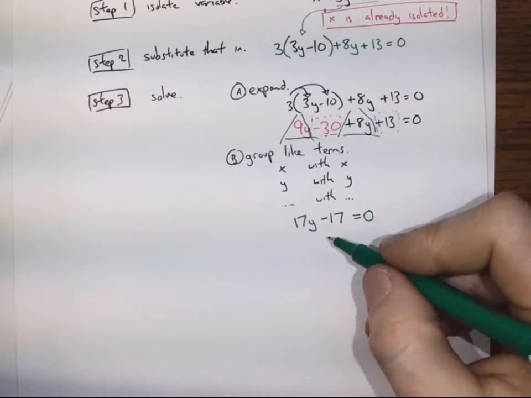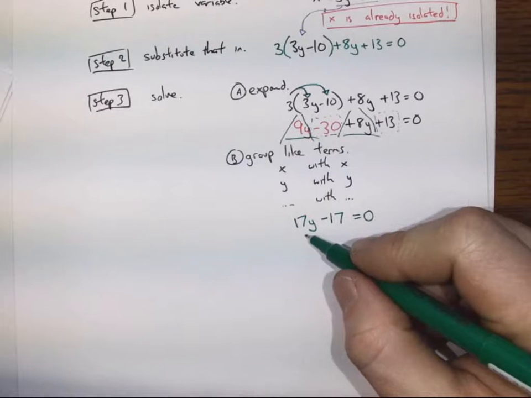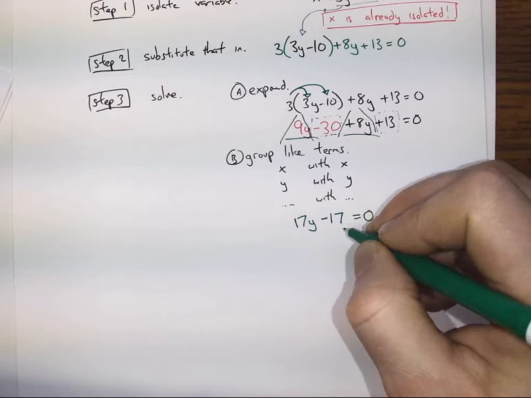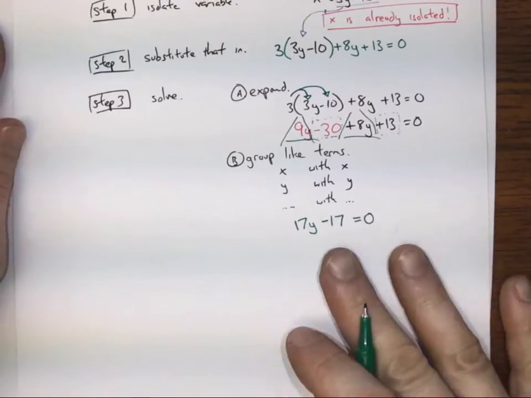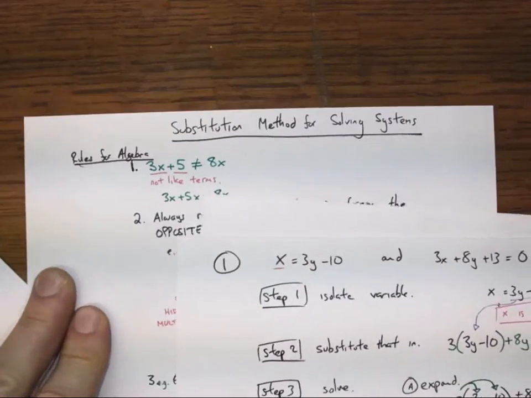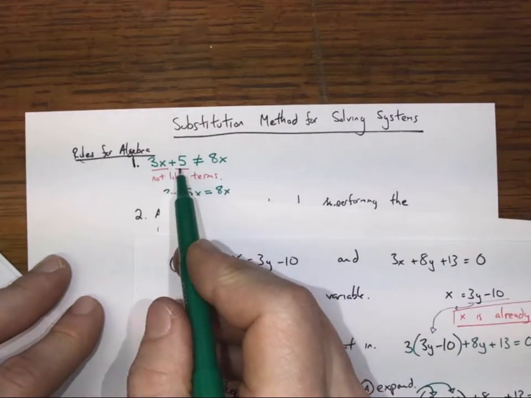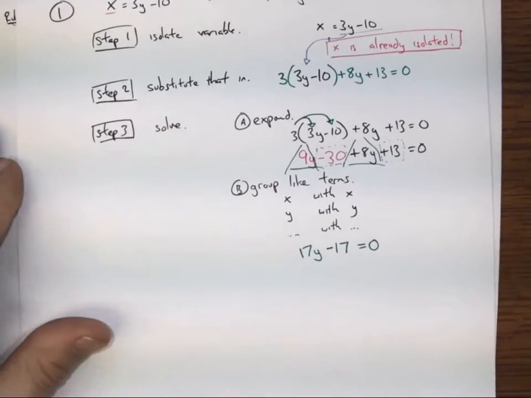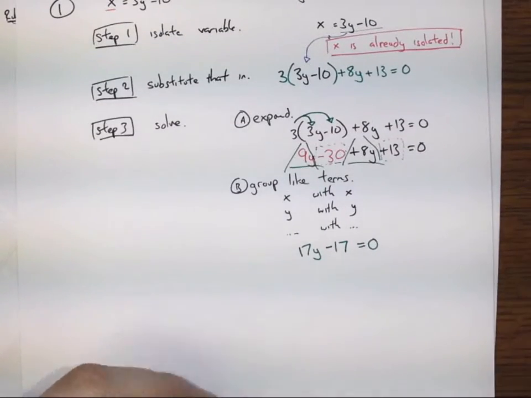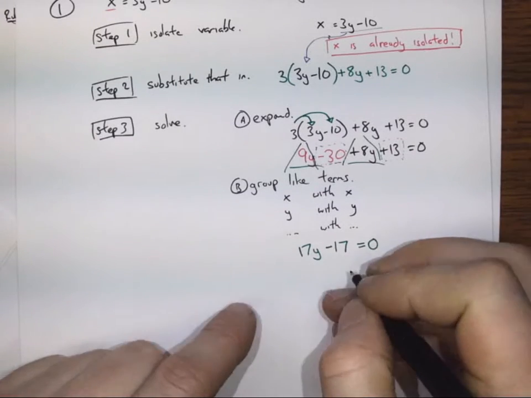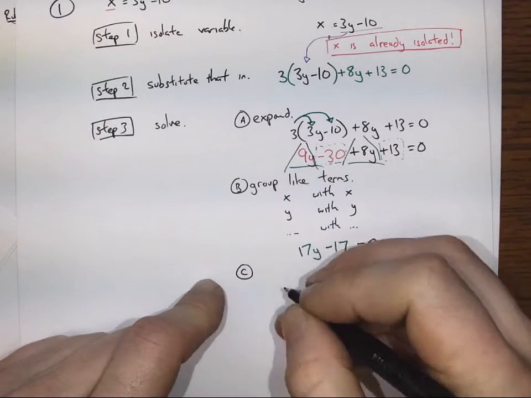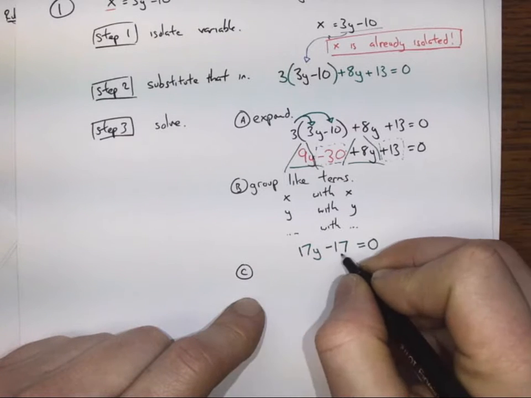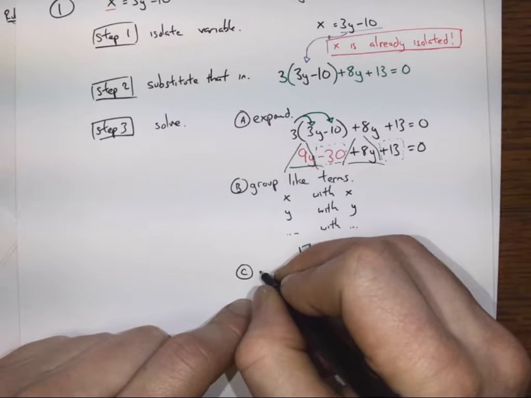Now, we have to isolate y. Now, can we add these together to get 1y or 0 y's? No. We have to remember, these types of expressions are not like terms, so we cannot group these guys. These are not groupable. And then part C is we'll do our adding or subtracting, our further term.